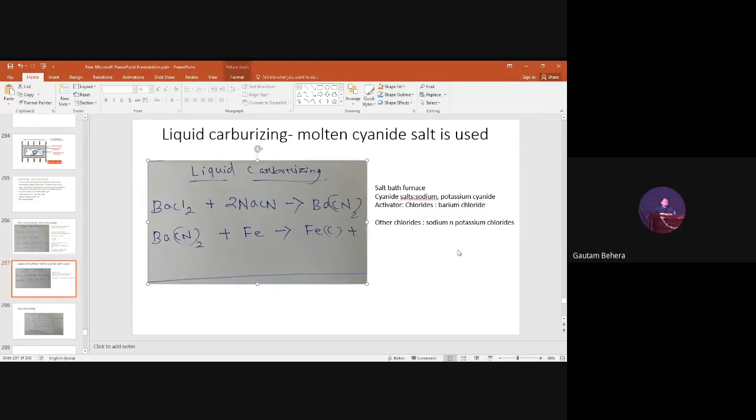So you can see the reaction which is happening, and you have to remember the process is carried out at a temperature of 815 to 900 degrees centigrade. The temperature is basically 850 to 900.